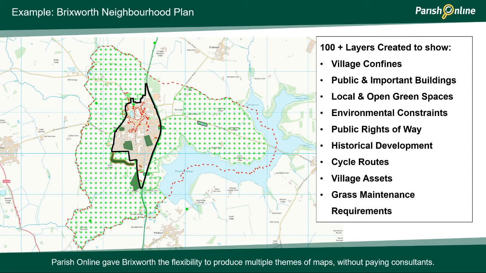And they could switch on layers to communicate different things. So as part of the neighbourhood plan, when they got to the point of looking at the environment, they would switch on those layers and say, here's what we want to protect, here's what we want to build on, and inputted a map into that document. That just made it a lot more visual and a lot more informative to the reader.